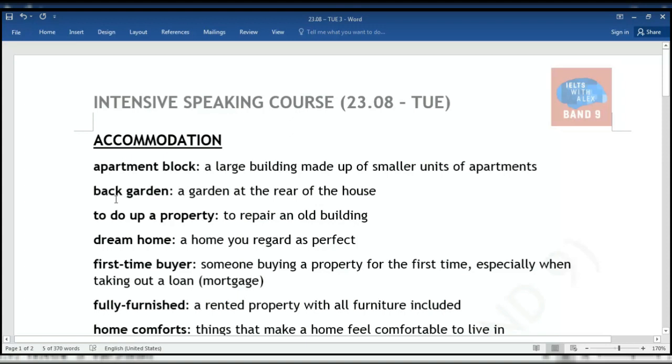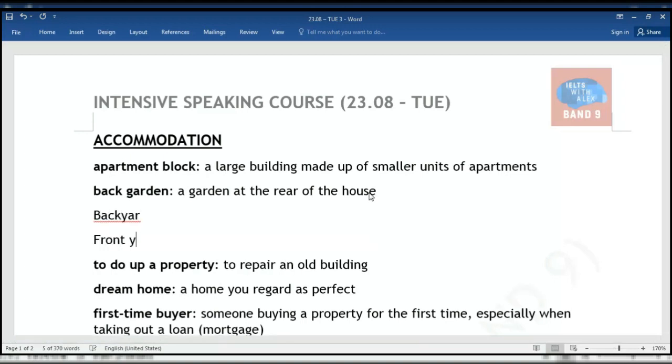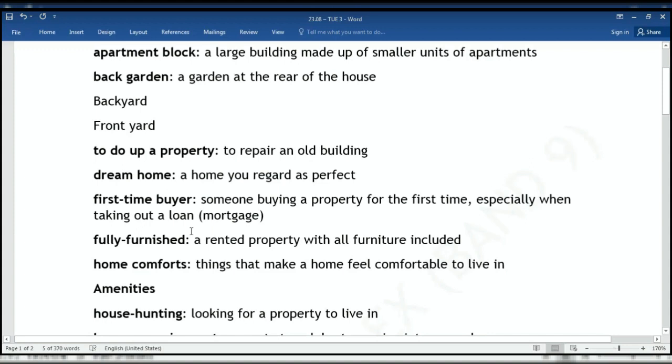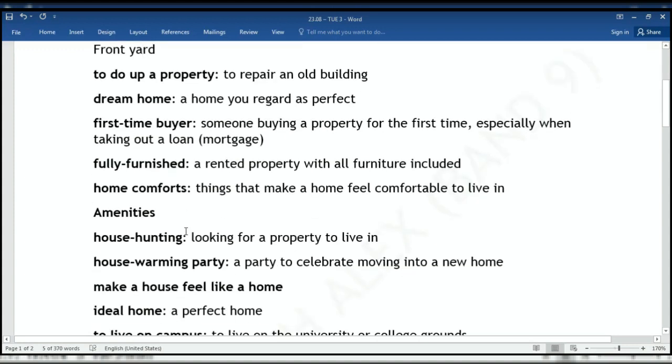Back garden. Backyard. Front yard. Backyard. To do up a property. Dream home. First time buyer. Fully furnished. Home comforts. Amenities.